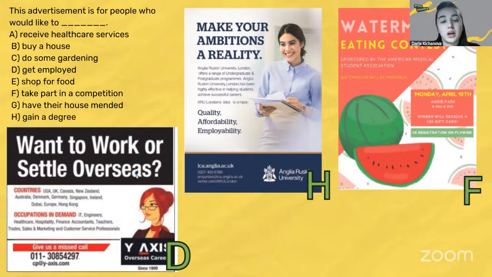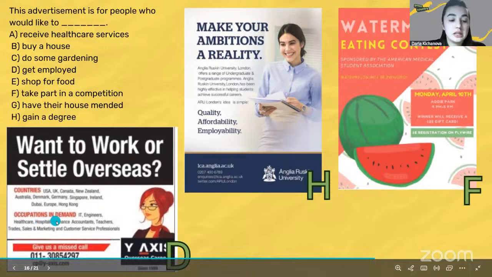But when we take a look at this heading, we may think that it can also be, for example, have their house mended or buy a house. But there we have got occupations in demand.